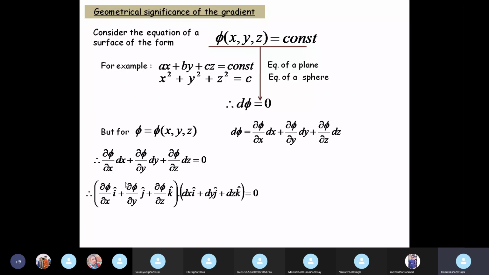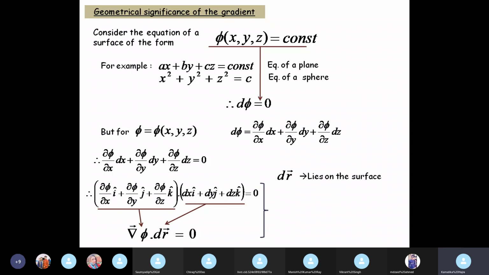See, if you take the dot product of these two, you will get back this. So this dot product equal to 0. Now what does this expression represent? Grad phi. And what does this expression represent? dr. So this means grad phi dot dr equal to 0.